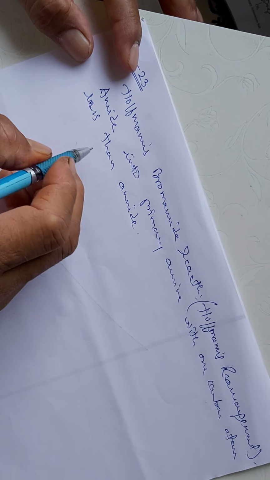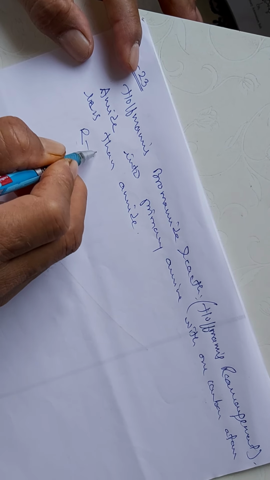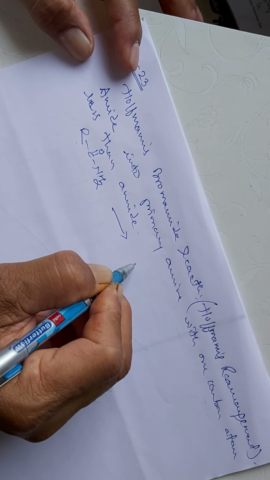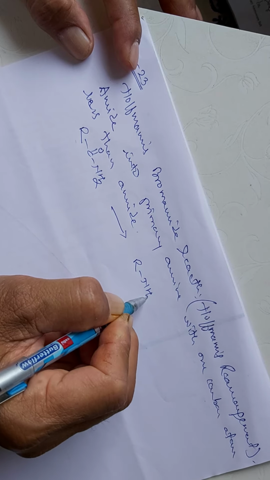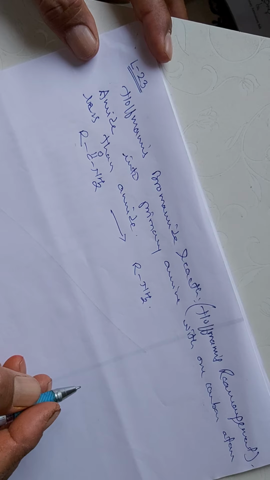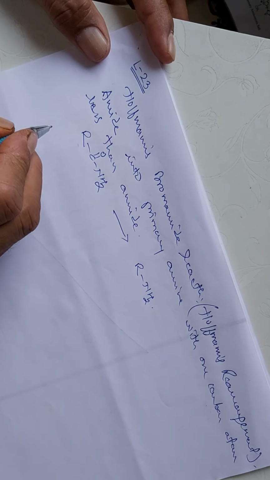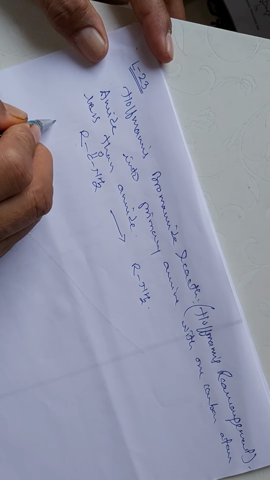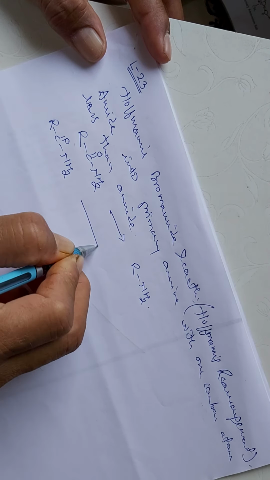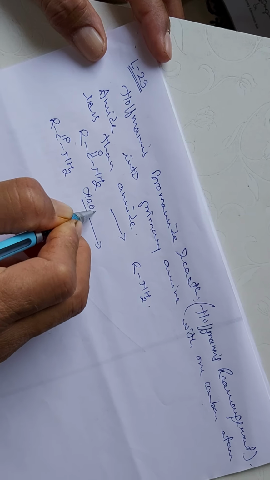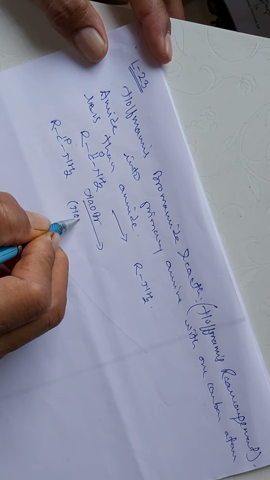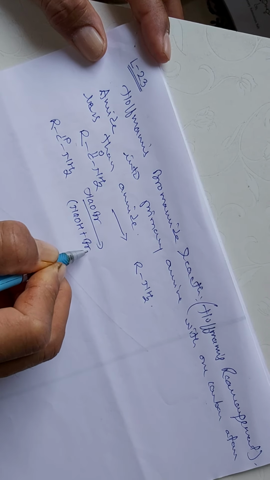So here in this reaction, the amide, the molecule which contains the functional group RCONH2, is being converted to RNH2, that is the primary amine. This happens by the action of NaOBr, that is sodium hypobromite, which is obtained by the reaction of NaOH in presence of bromine.